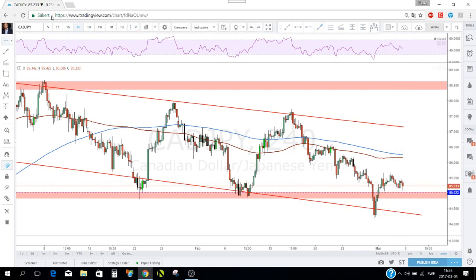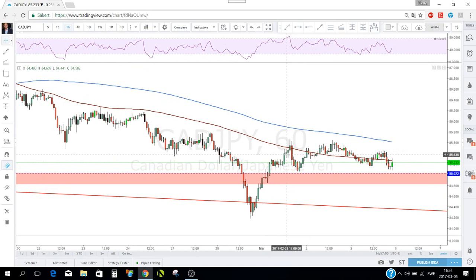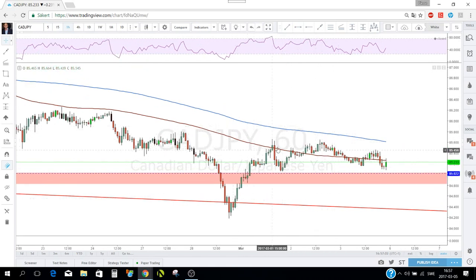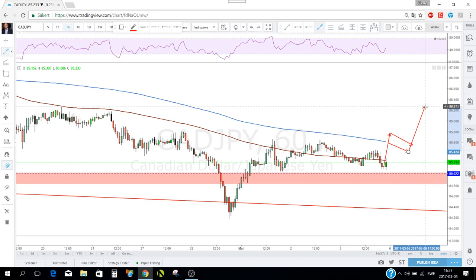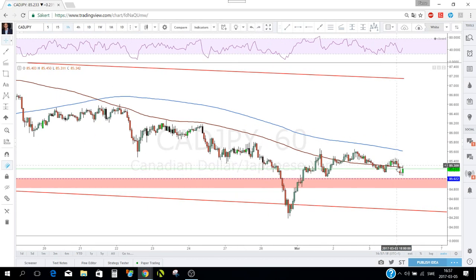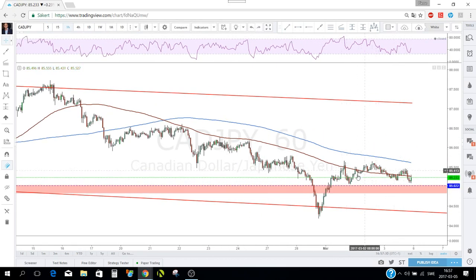Or if we go down to the 1-hour, I want to see a strong move to the upside, a flag, and try to trade the break of this flag. That should also be a good scenario, because right now, as you see on the 1-hour, it's a little hard to know where price is going.